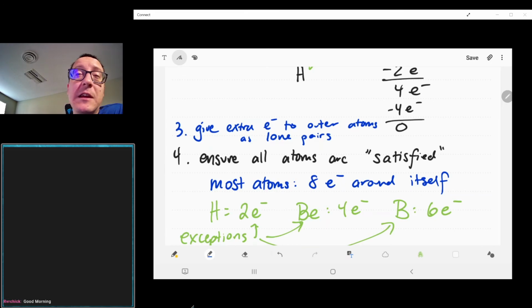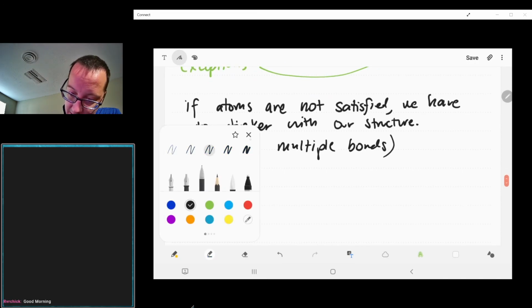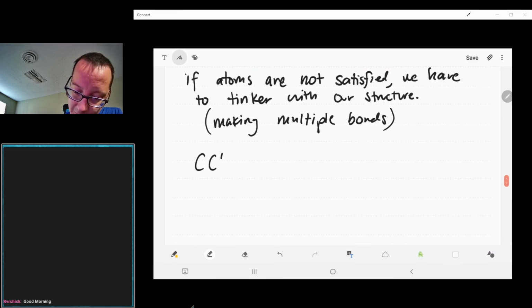So in this case, we did not have any extra electrons. We used up all of our electrons just doing the skeleton. And so we didn't have any extra ones, so I skipped that step. But if we had more electrons, we would start putting them on the outside atoms. And we'll take a look at what that's going to be in our next example here. And then after that, we're going to make sure that everyone is happy. So let's take a look at carbon tetrachloride instead.